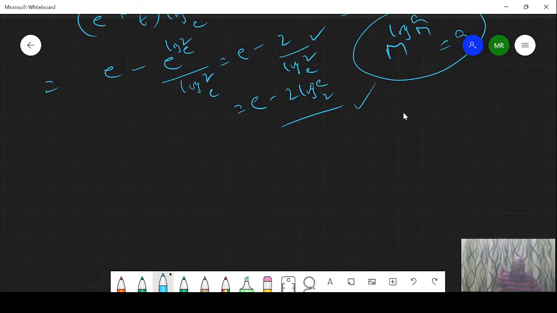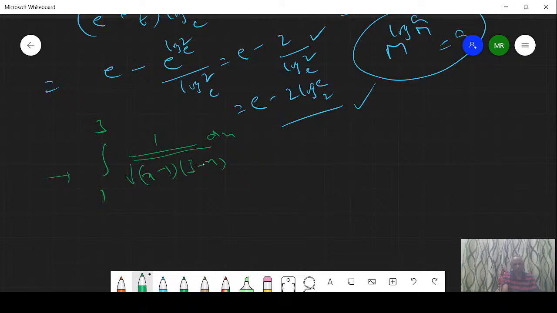So the next problem. If you are doing the next problem, you can write here. The problem is the integral from 1 to 3 of 1 by root of (x minus 1) into (3 minus x) dx.